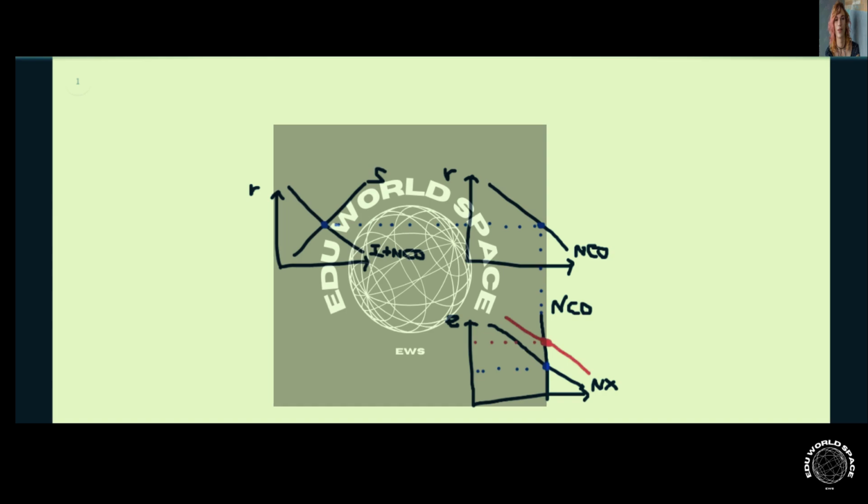Why is that? Because we know that net export equals export minus import. So if we subsidize export, this whole term on the right hand side increases.